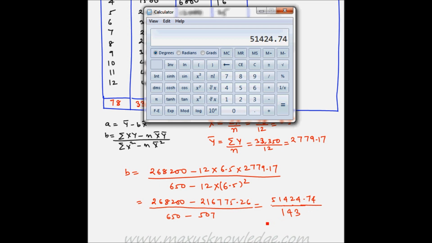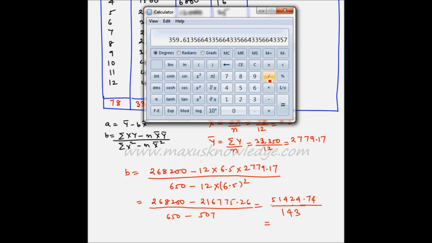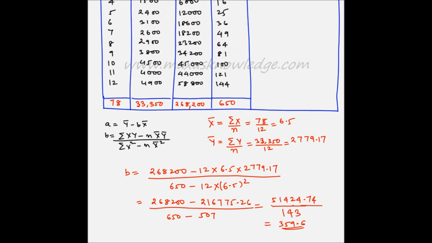So this is equal to, divide by 143, so 359.6. So this is the value of B.